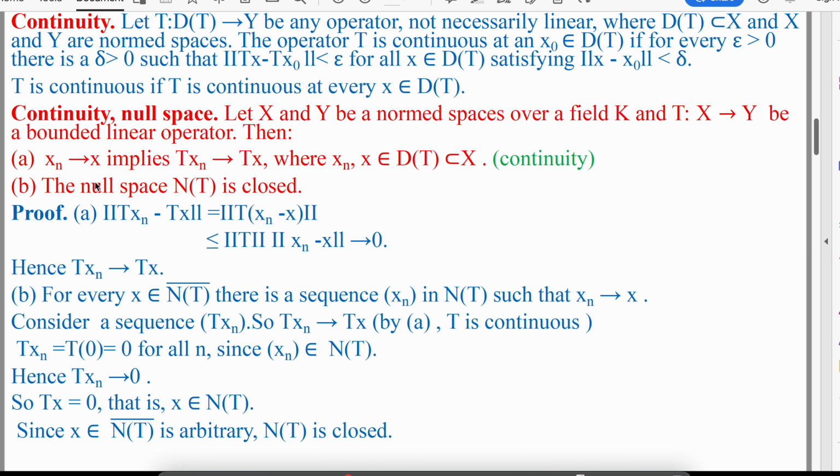And second is that null space N(T) is closed. So we will prove these two results.